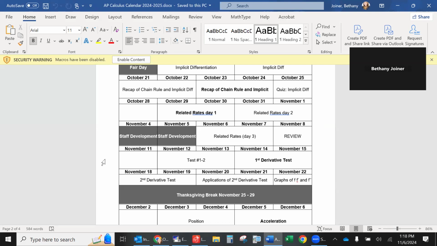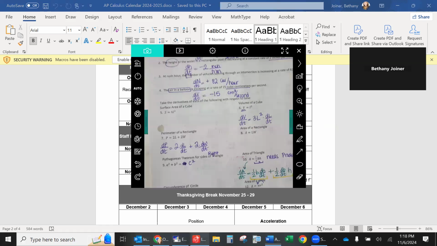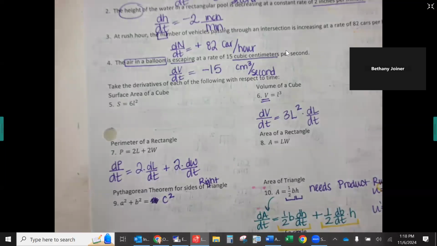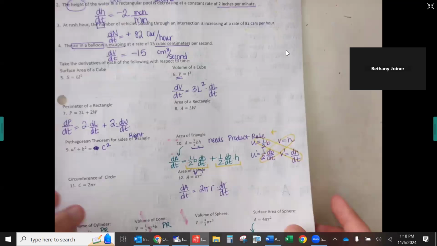Good? And if you don't have a calculator, will you get one? Go ahead, Leo. Okay, you have to have a calculator today. You do need a calculator.